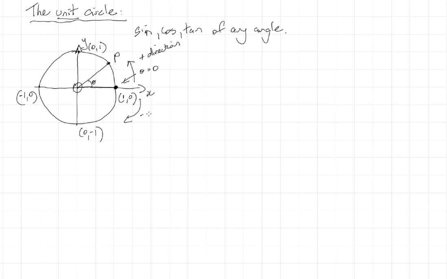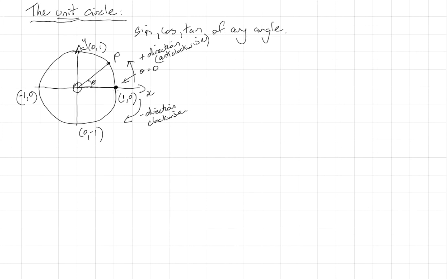So this is the negative direction. This is just a convention that's been set up. Positive direction is anti-clockwise. And this is the way the hands on the clock move around this way, so this is clockwise. So this is 0.